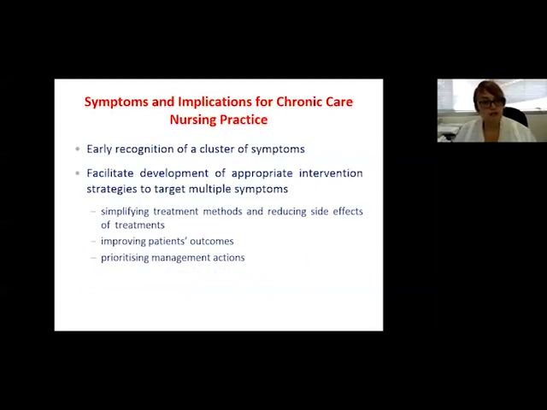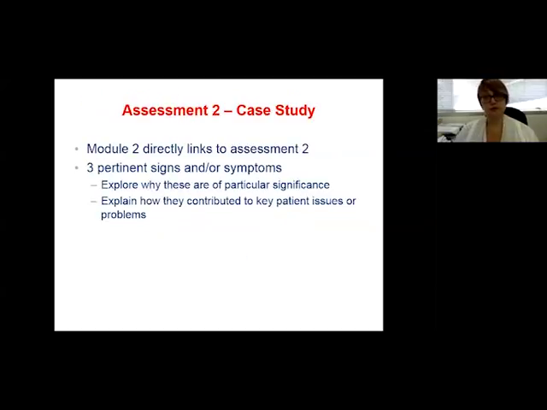And early recognition of a cluster of symptoms will facilitate appropriate intervention, so that you might be targeting one symptom, but it's likely to target multiple symptoms and could then lead to better patient outcomes and more efficient use of healthcare services.